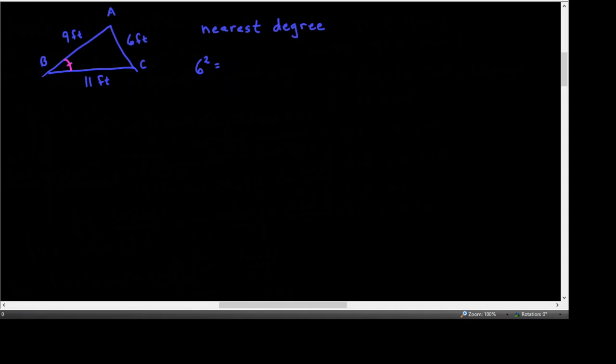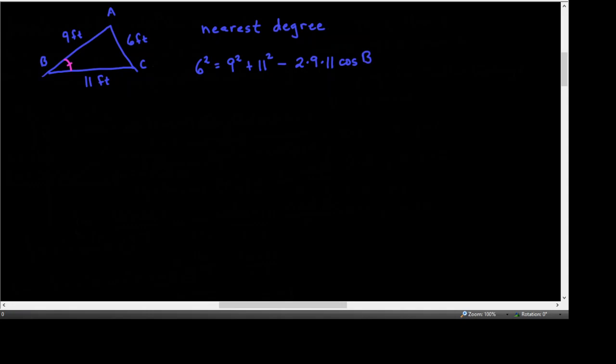I only need angle B. So it would be silly to do A first in this case because we don't need A. If they're having to solve the whole thing, I would find A first because it's potentially obtuse, but that's not the problem. And this will be the cosine of the angle opposite 6 feet, which is angle B, of course.